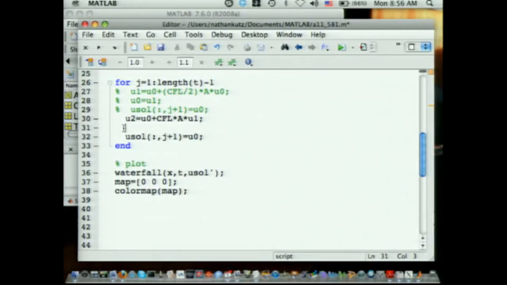Now, the order you do this in is very important, right? The first thing you want to do is say, my past is now my current, and then my current is now my future. Don't do it in a different way. In other words, if you did this one first, my future is now my current, and then my current is now my past, it means you wrote everything as u2. So just make sure you do it in the right order, okay?